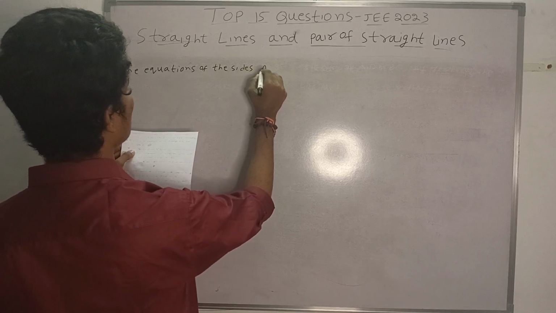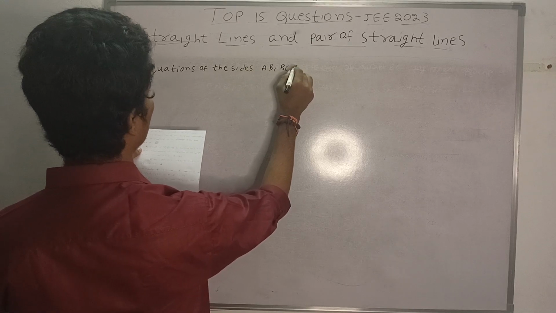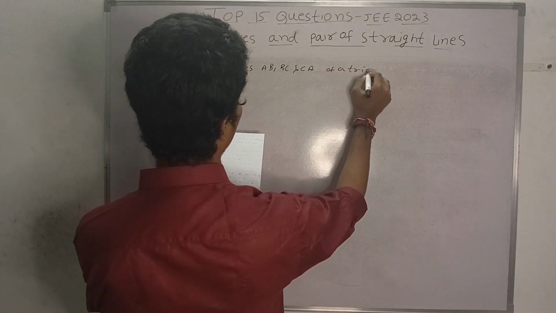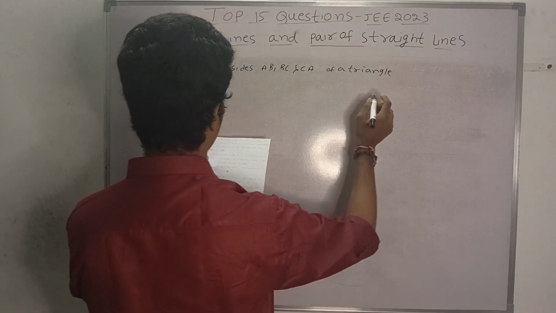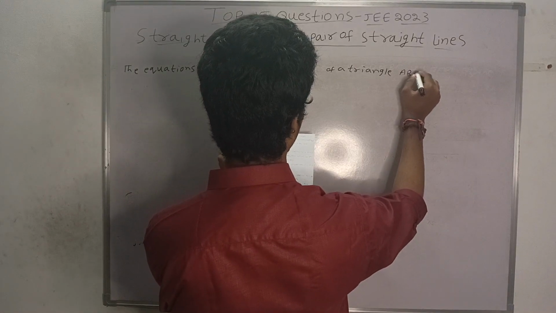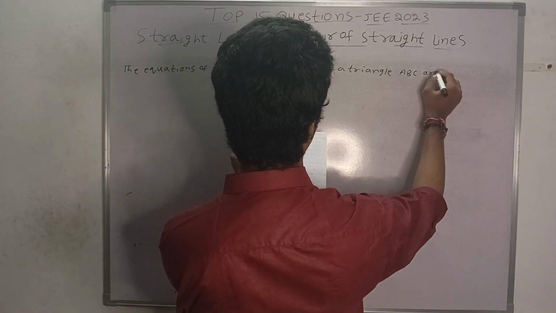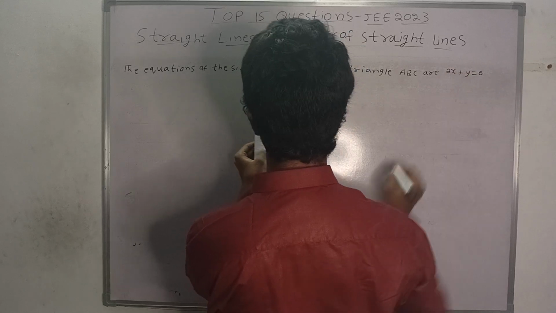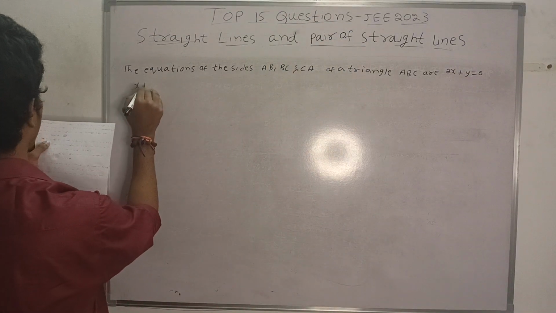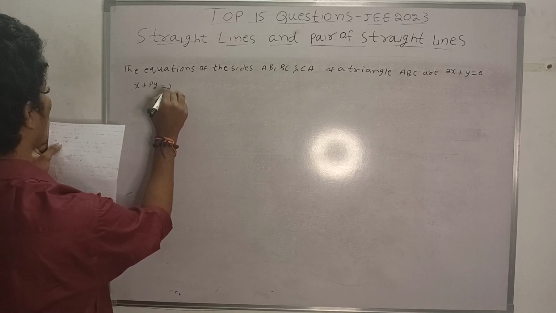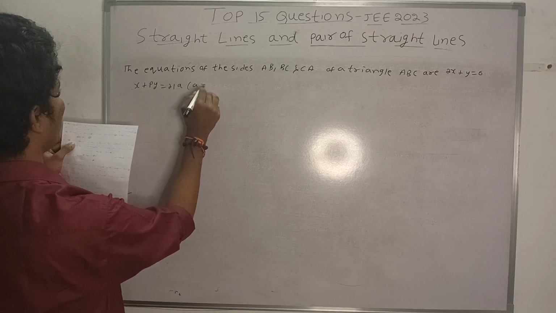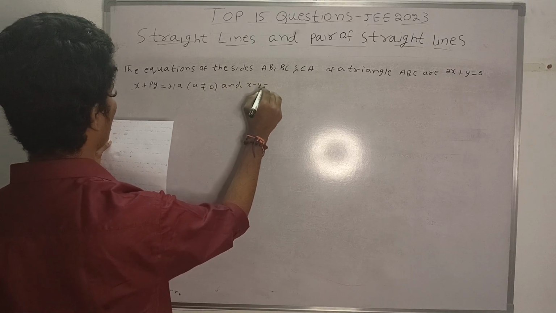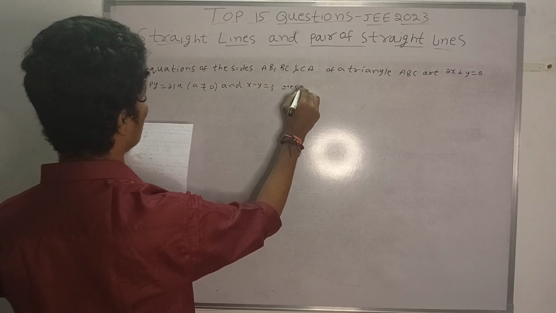The equations of the sides AB, BC and CA of a triangle ABC are 2x plus y equal to 0, x plus py equal to 21a, a not equal to 0, and x minus y equal to 3 respectively.